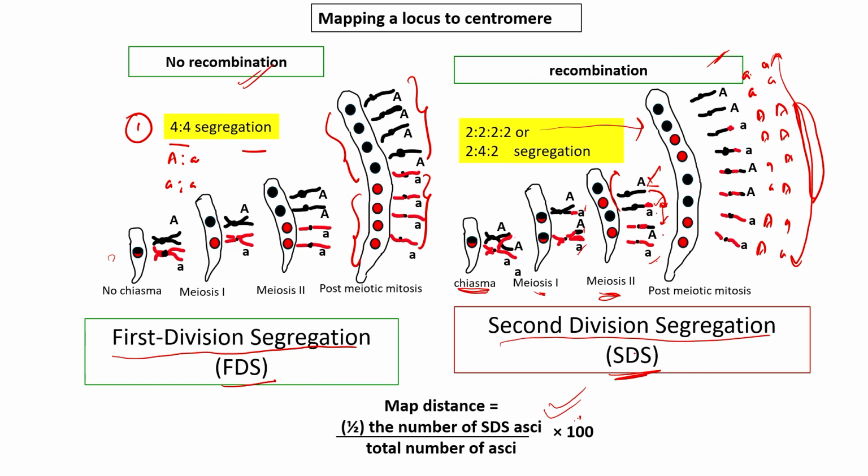And if there is a recombination there, then you can calculate the distance between the genes. So here the map distance will be half the number of SDS asci divided by the total number of asci into 100. So we count for them, and why we do half again is to compensate for the additional number of spores which are non-recombinants.